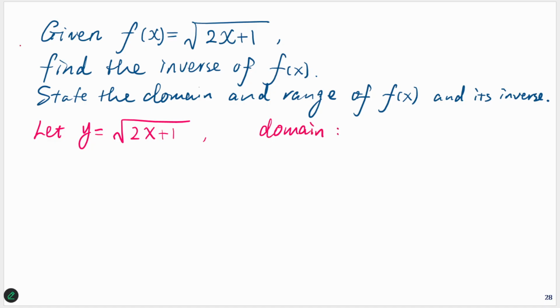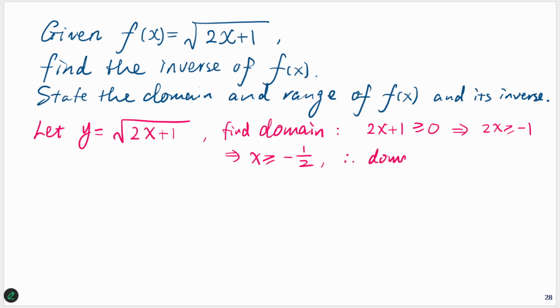Let's find the domain first. We let 2x plus 1 be greater than or equal to 0, right? Then we have 2x is greater than or equal to negative 1, and then x must be greater than or equal to negative 1 over 2. So the domain is the set from negative 1 over 2 all the way to positive infinity, right?